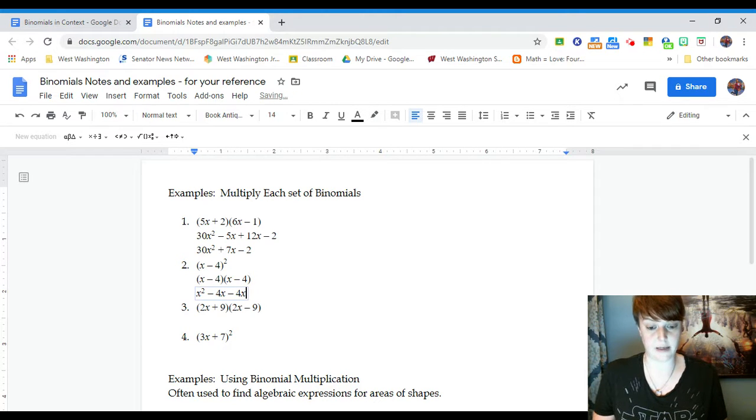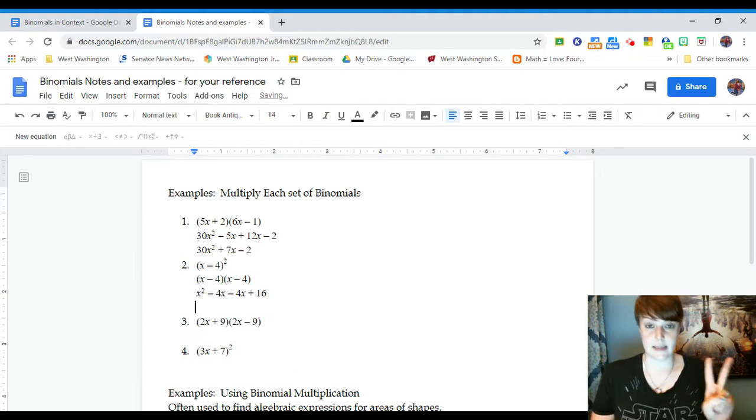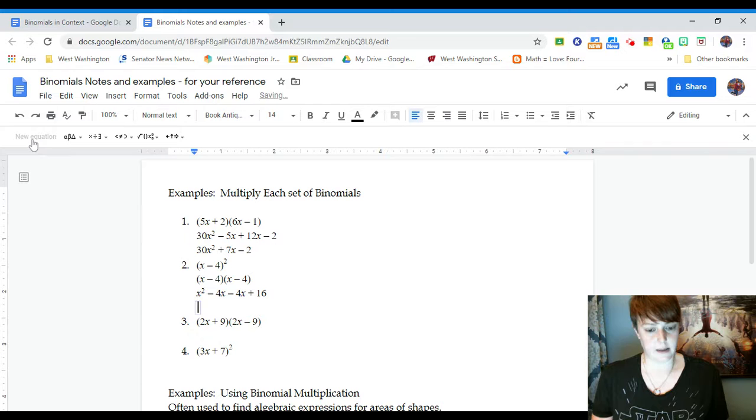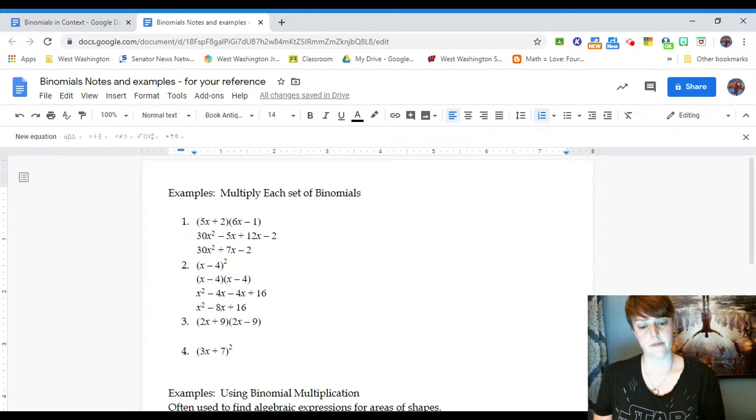And then negative 4 times negative 4 is positive 16. All right. Second biggest mistake is that people look at this and see negative 4x minus 4x. Well, they're negatives, right? So like they cancel out. Again, not how that works. So it's going to be x squared minus 8x, because you're already down 4, and then you go down another 4, and then plus 16.